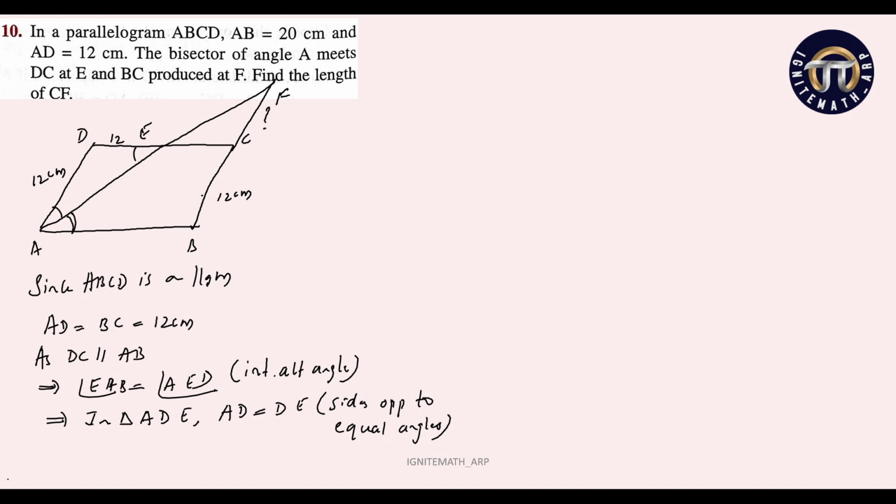So now this is 12 centimeter. This is 12 centimeter. I know. Okay. So they have given you AB is equal to 20 centimeter. So this total is 20 centimeter. So now can you tell me how much is EC now? Right. So AB is equal to CD is equal to 20 centimeter. Again, they are opposite sides of the parallelogram.